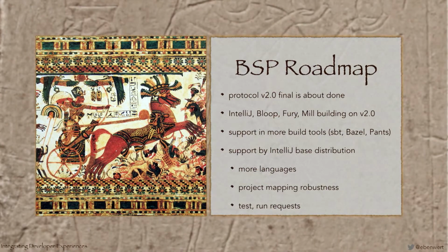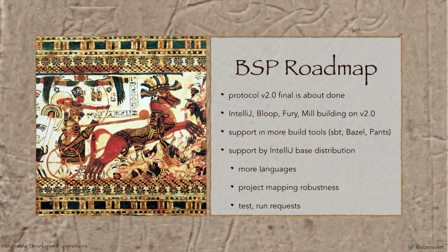Let's have a quick look at the further development of BSP. Protocol version 2.0 final is pretty much done. We haven't changed much in the past months. As you saw, we have IntelliJ, Bloop, Fury, Mill, all building on this version to support BSP. And what we're looking at currently is to support BSP with the IntelliJ platform distribution, so having it as a kind of core plugin.